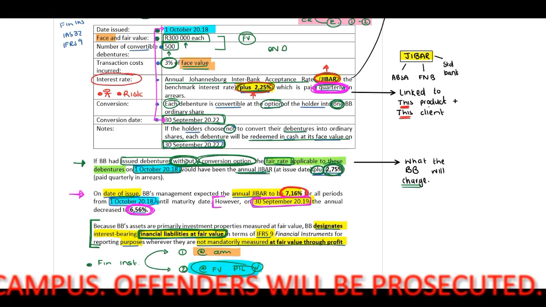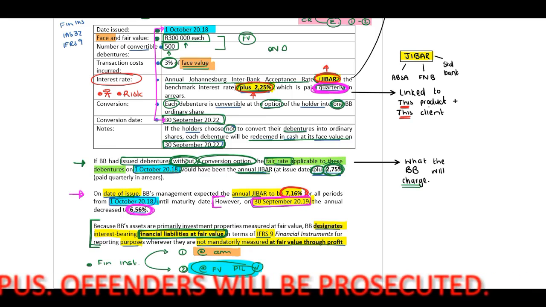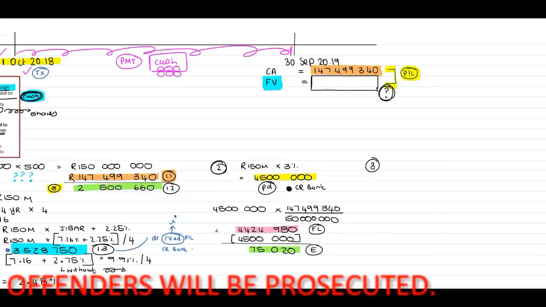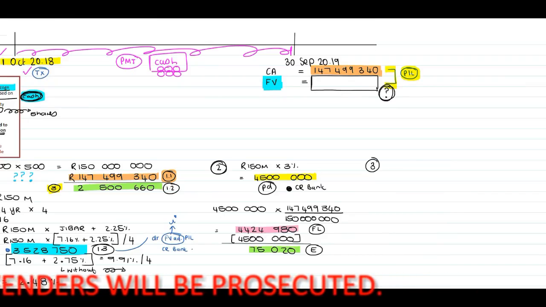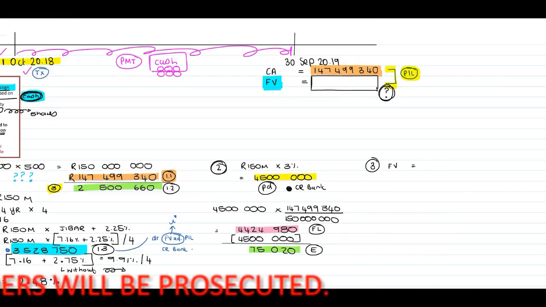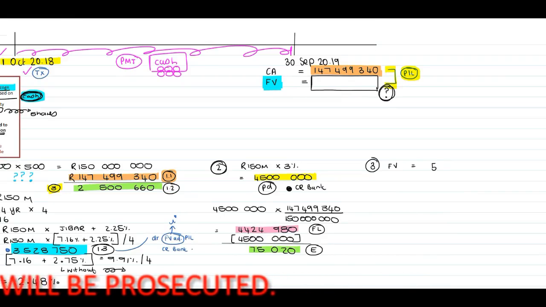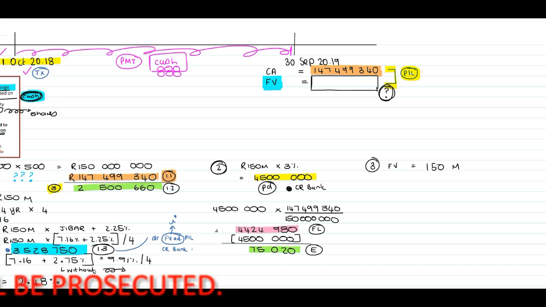Now, remember, if we still need to determine the fair value at year end, we will have a future value which will remain the same. They didn't indicate to us any changes in terms of our future value. Our period at year end will now change the 16 minus 4.